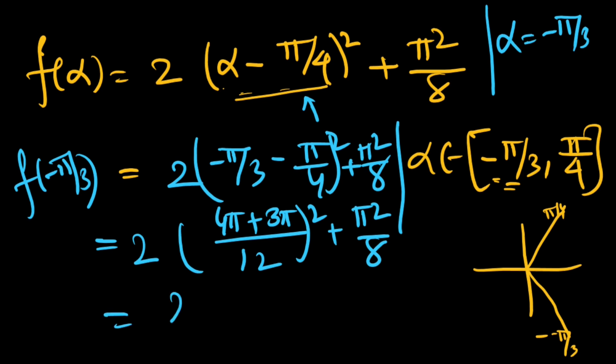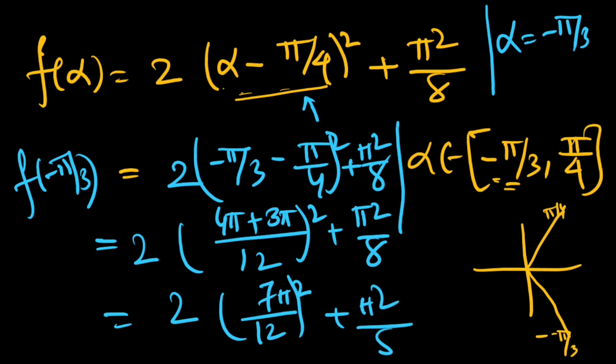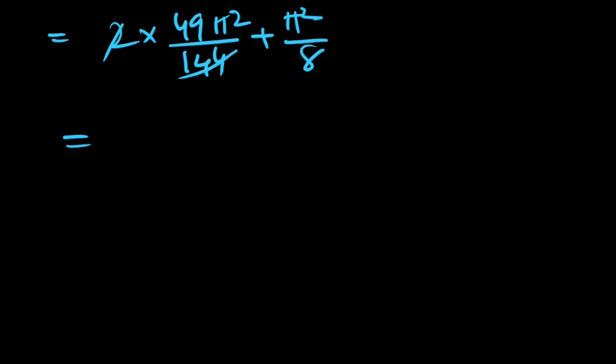Therefore this is 2 times (7 pi) whole square by 12 squared, plus pi square by 8. Now that is 2 times 49 pi square over 144 plus pi square by 8. Now we add, that is 49 over 72 plus pi square by 8.